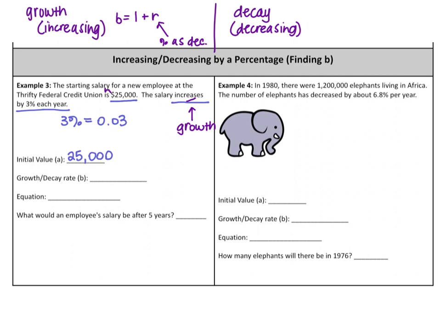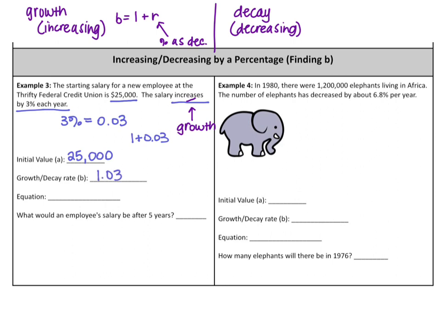Goodness, I cannot move my screen today. So for this problem, I know that since it's increasing, I need to add 1 to it. So I'm going to take 1 and add 0.03, which just means I put it right in front. So my growth rate is 1.03.